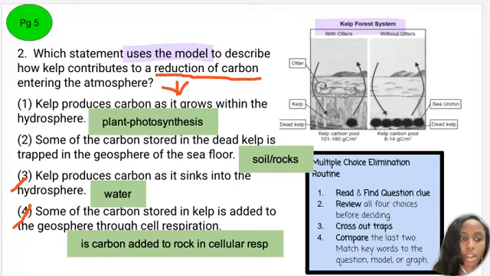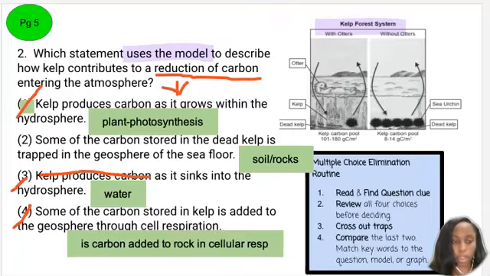Plants do not produce carbon. They use carbon dioxide. So then we can start using that same process of elimination to cross out choice number 1 because it comes with the same issue as the previous one. Oopsie. Kelp does not produce carbon. So we immediately know that's wrong. We don't even have to continue reading the rest of the choice.